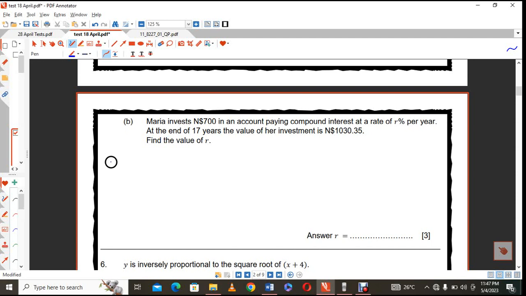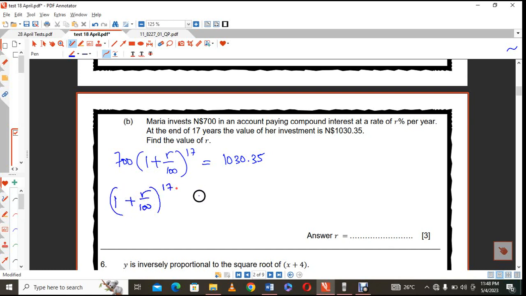Now, what you know from the formula is that the formula is 700 times 1 plus the percentage points, which we don't know, is R, raised to the number of years, should equal 1030.35. So basically, that's where we are at. Then I have 1 plus R over 100 raised to the 17th power equals 1030.35.